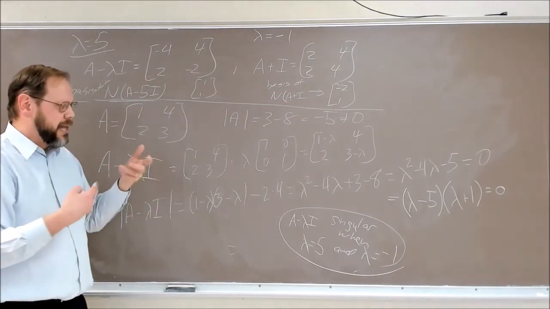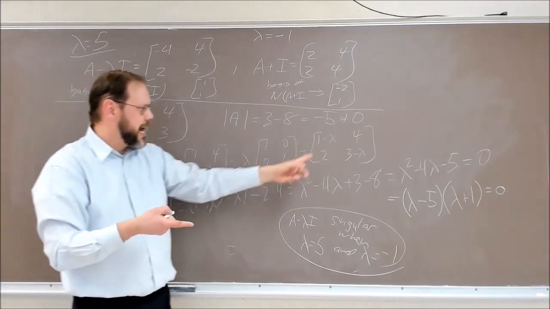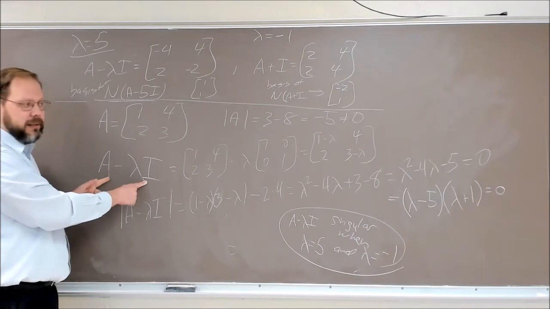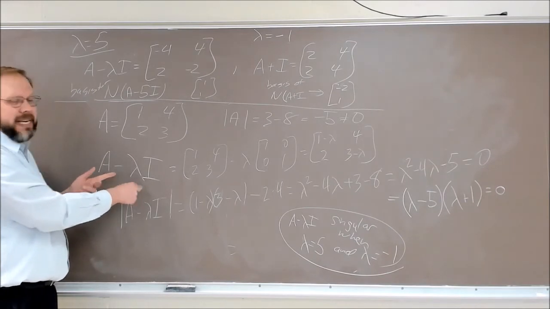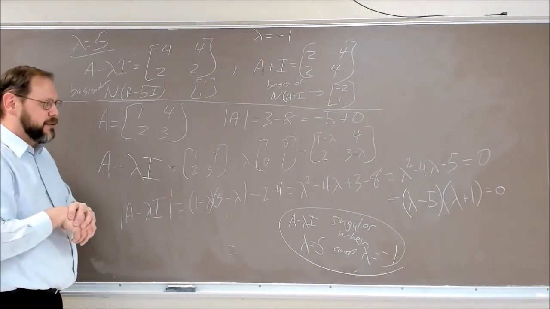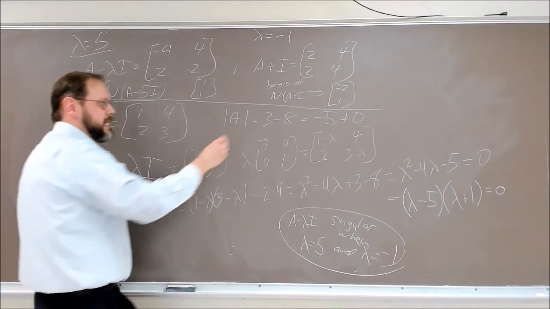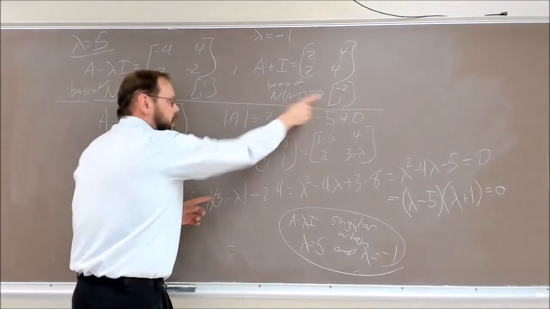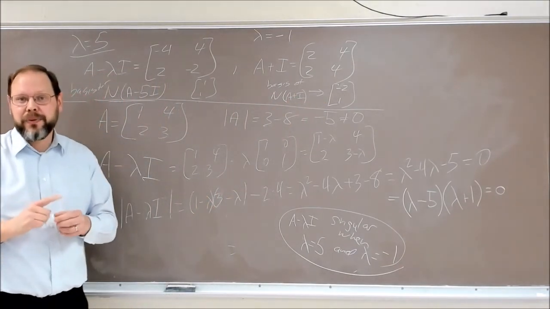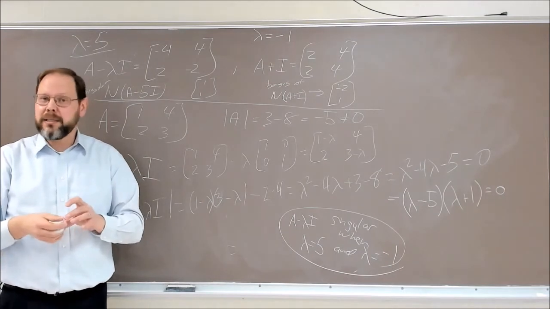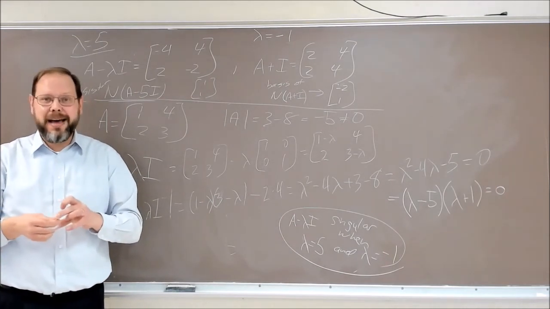Right? So the eigenvalues would be the numbers that would cause something like this to be not invertible, singular, right? Meaning something's in its null space other than just the 0 vector. And then those things that are in the null space that aren't just the 0 vector, those things are going to be called eigenvectors. Okay? And eigenvalues and eigenvectors are incredibly important in a lot of areas of mathematics.